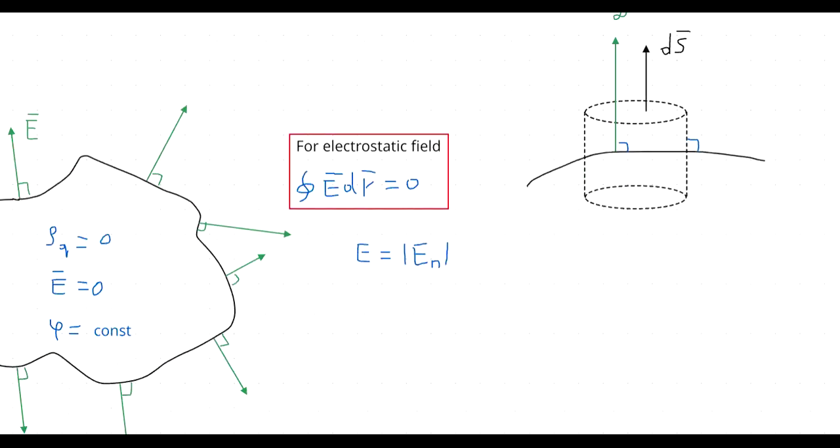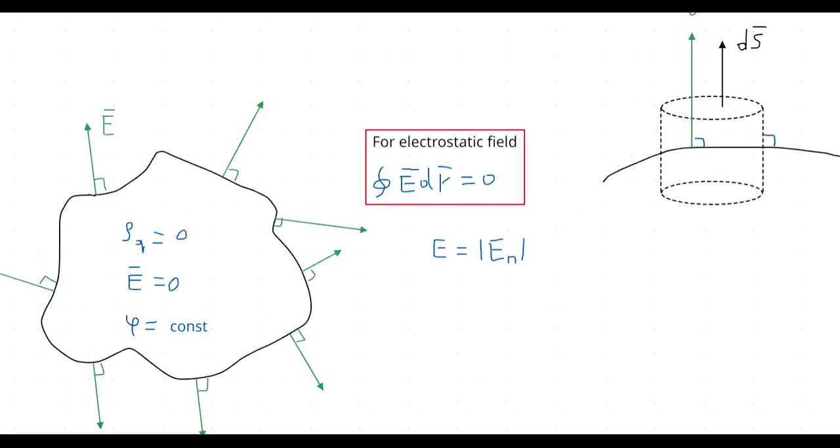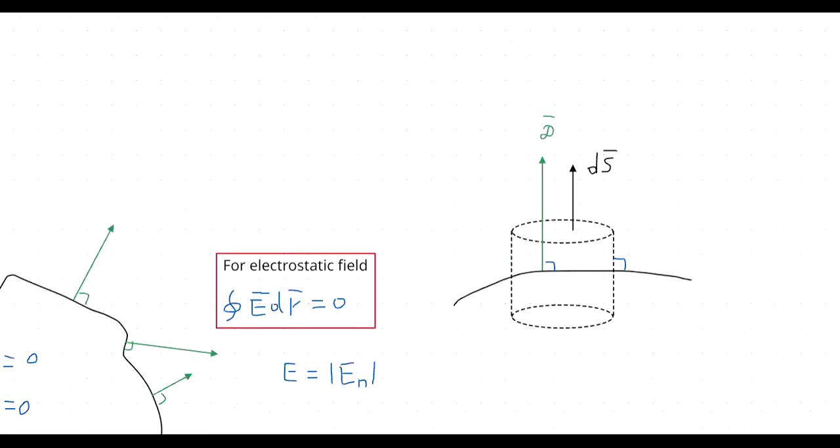Recently we have proved that the vector of electrostatic field intensity, and also the electric displacement vector, is perpendicular to the surface of conductor.